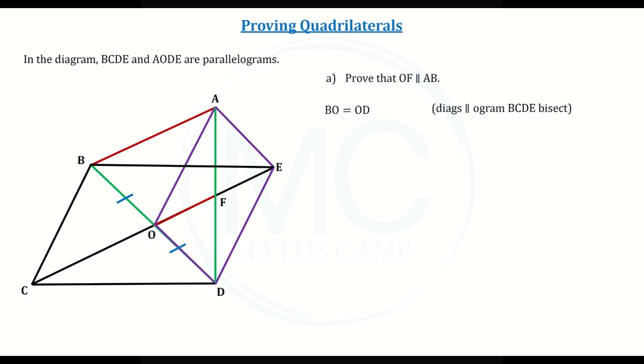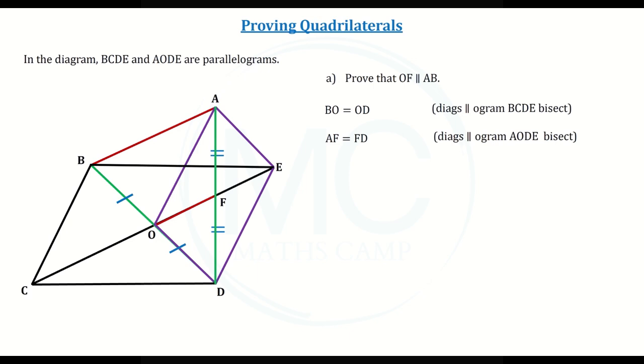So now we can make a note. We can say that AF is equal to FD. And as our reason, we say the diagonals of parallelogram AODE bisect. Let's put two small blue lines on AF and two on FD to show that they are equal in length.